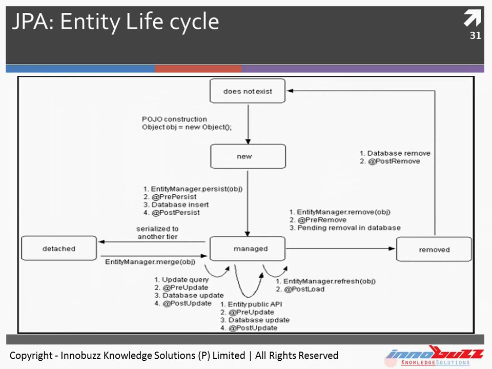So this is an entity lifecycle, where we have states like does not exist, new, then managed, removed, as well as detached. Let's see how it works. The lifecycle of an entity is managed by the entity manager API.